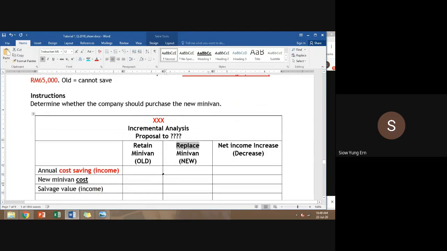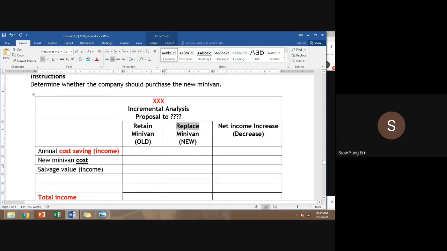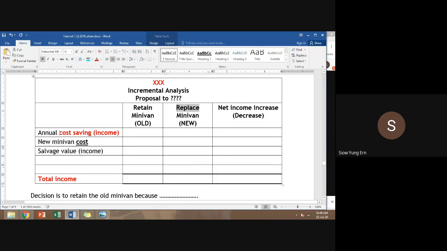So your calculation will be a little bit different, class. A little bit different because this one is annual cost saving. When we talk about annual cost saving, it is an income, because you are able to save cost. Instead of spending that money, you are able to save cost. So it is considered an income.